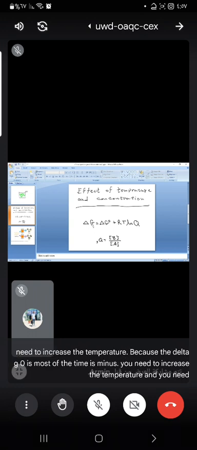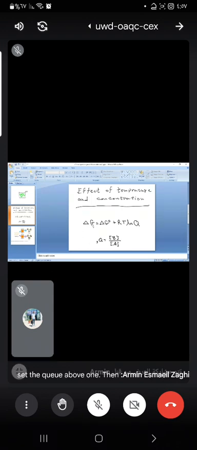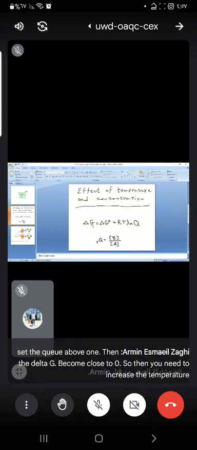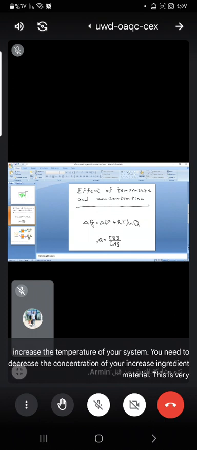You need to increase the temperature, and you need to set Q above 1. Then delta G becomes close to 0. You need to decrease the concentration of your ingredient material. This is very important.